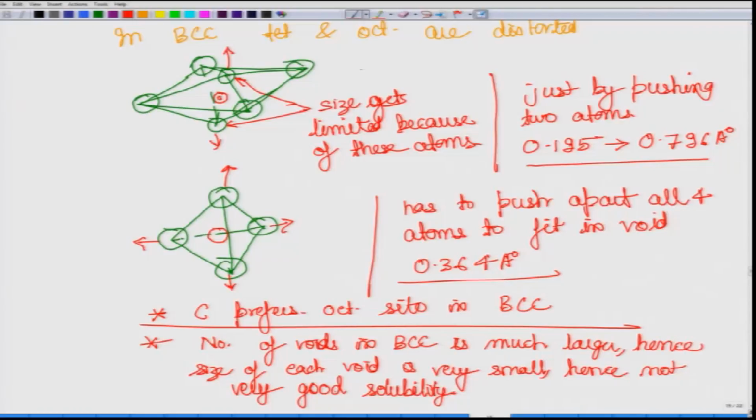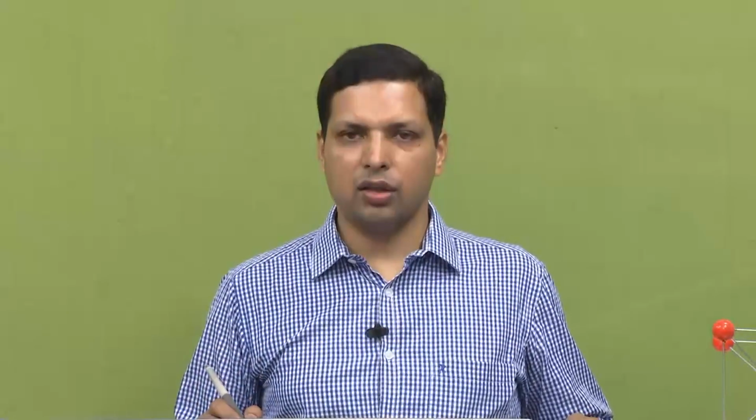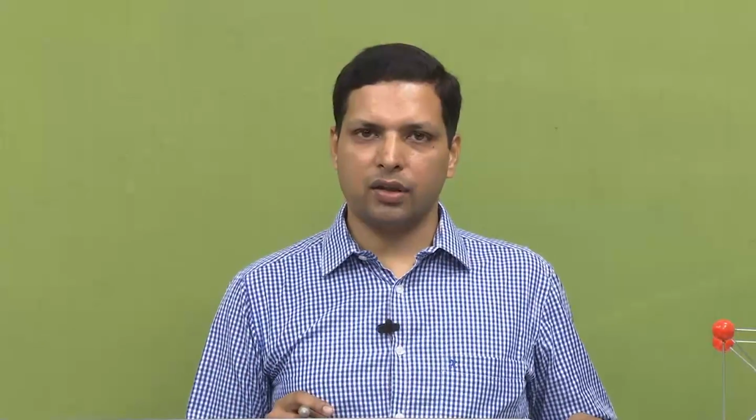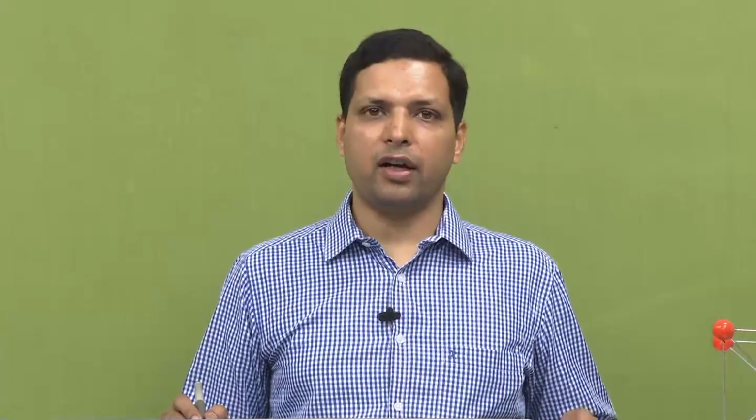Okay, so, with that we complete our understanding of these impurity defects, which are the interstitial as well as substitutional. So, we have looked at the vacancy defects, we have looked at interstitial and substitutional defects. Now, what we need to do is look at this whole understanding again from the point of view of a defect reaction.